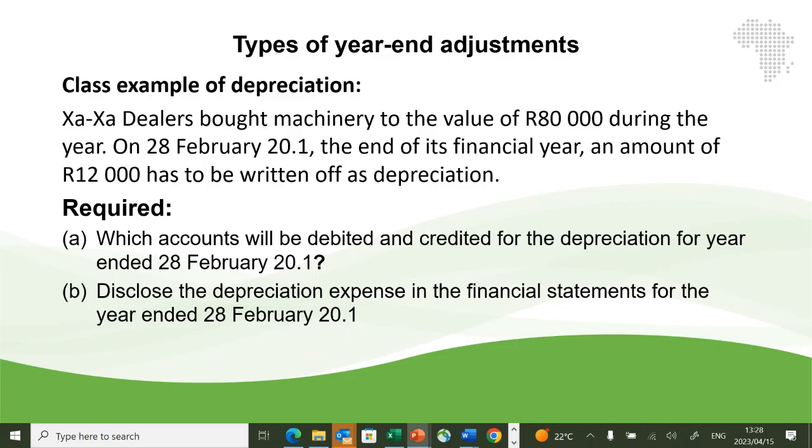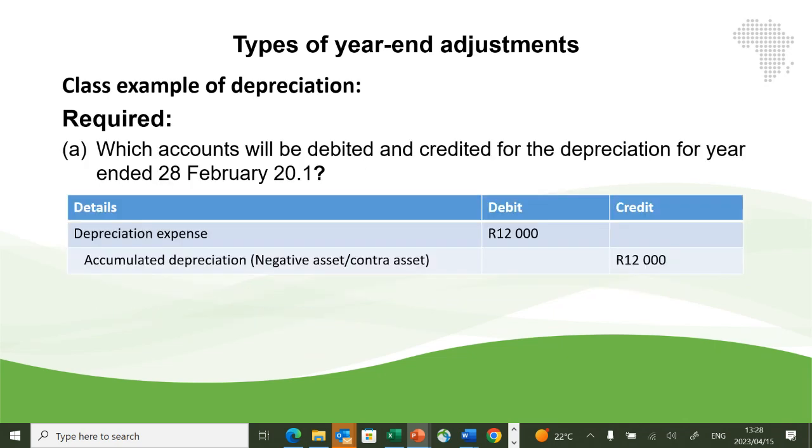You are required here to indicate which account will be debited and which account for the depreciation for the year ended 28 February 20.1 will be credited. And you also need to disclose the depreciation expense in the financial statements.